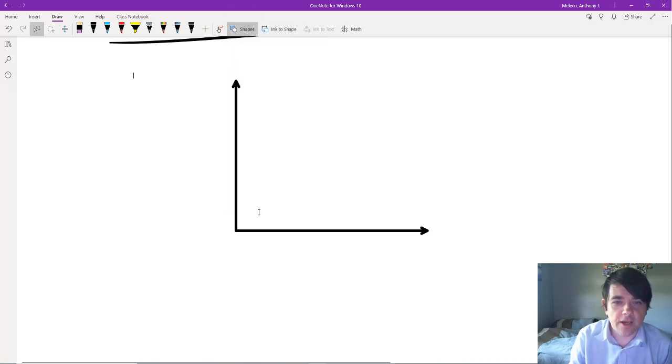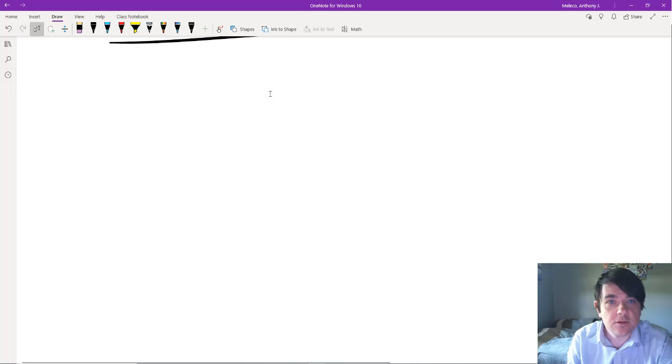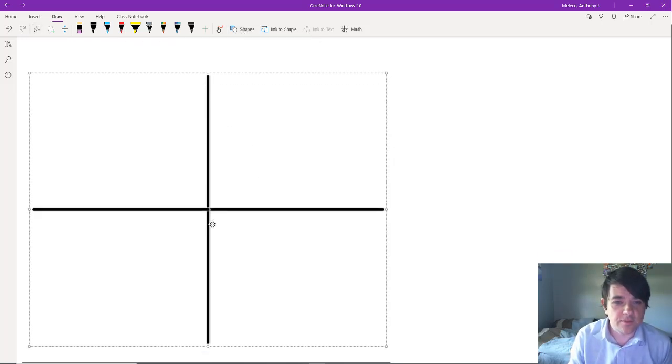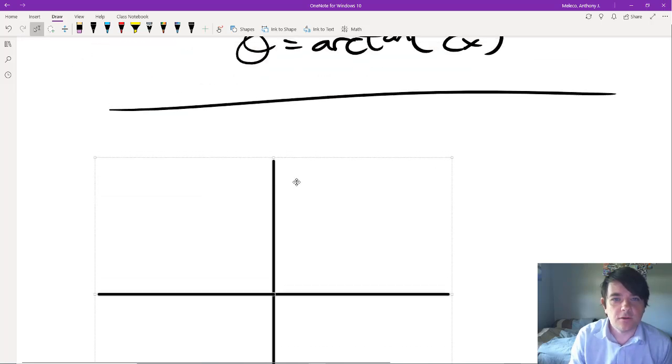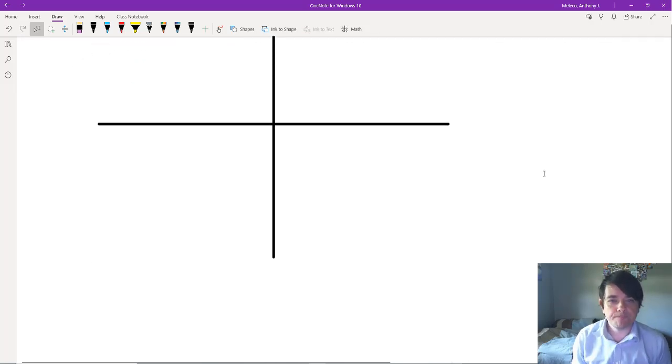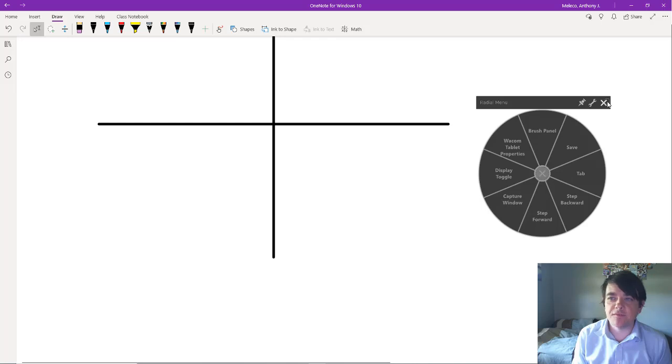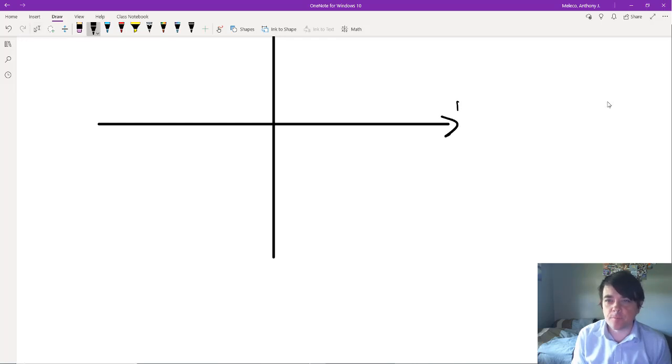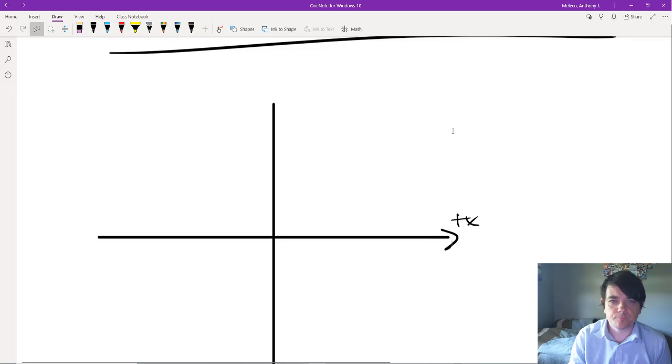Oh, they already had one. I'm trying to just... Wow, this is amazing. Look at this. Cool. We're going to define this coordinate system right now as plus x, plus y.